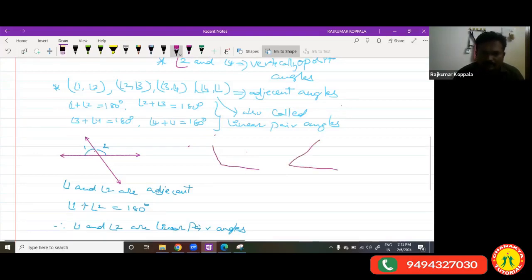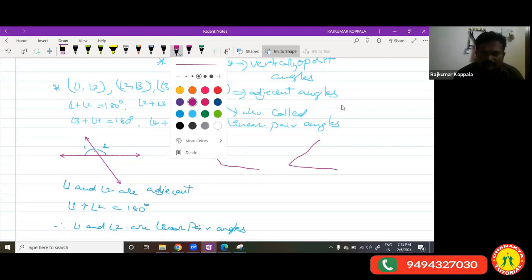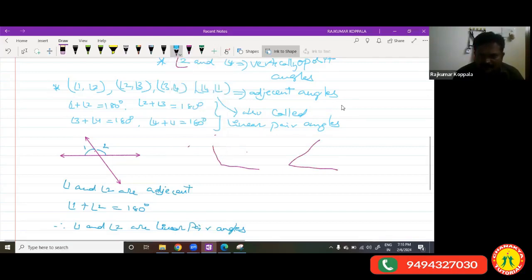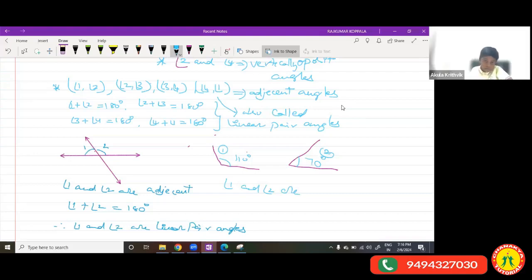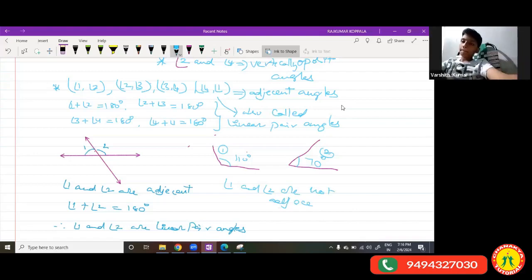Okay. Here, see that. Here the angle is 110 degrees. Here the angle is 70 degrees. Then these two are angle 1 and angle 2. Angle 1 and angle 2 are adjacent? No, sir, not adjacent.